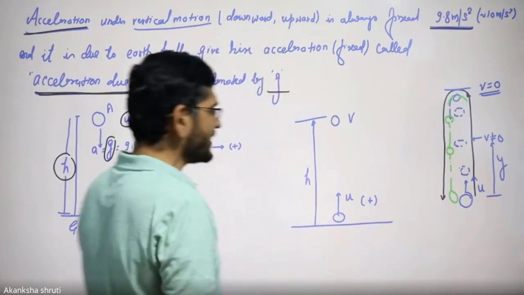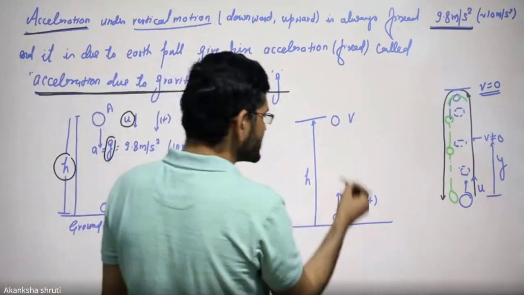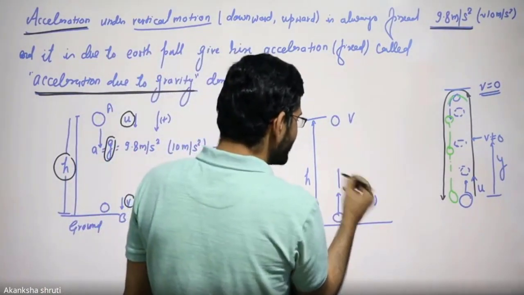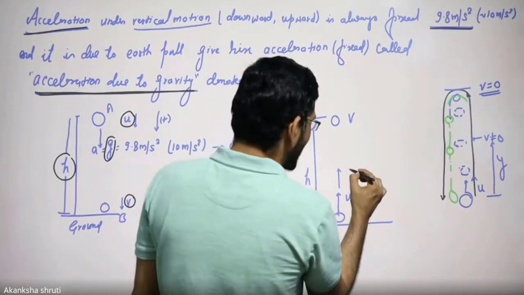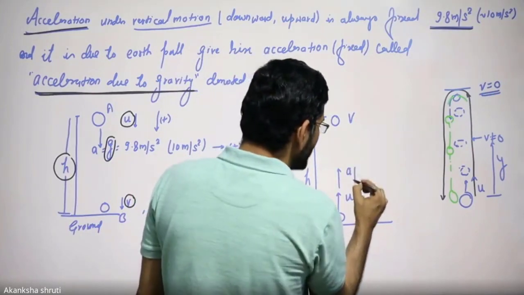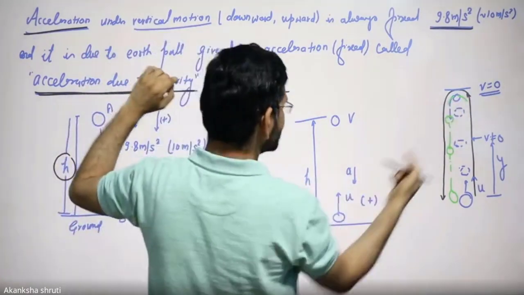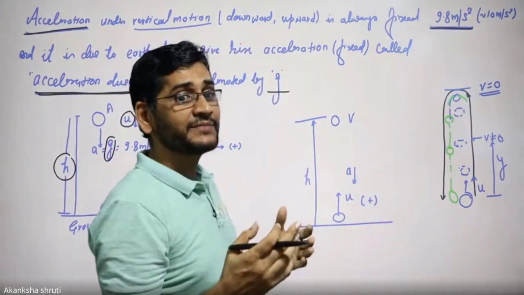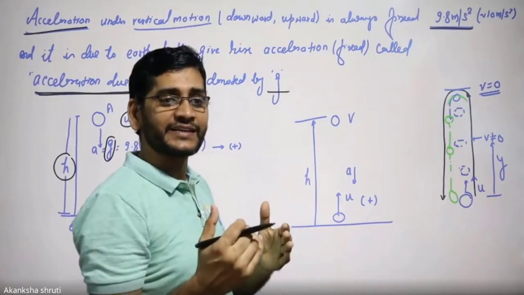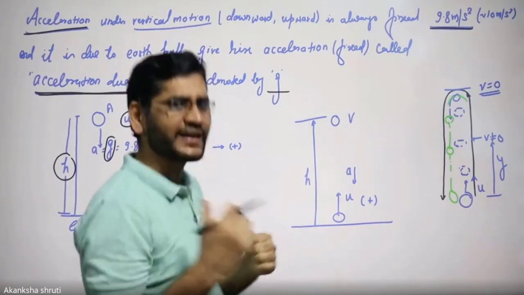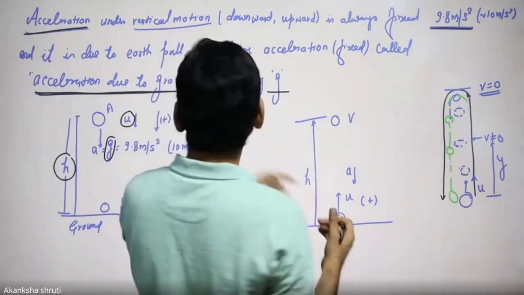So students, keep in mind, while the body is moving upward, the acceleration is in the downward direction because its speed is decreasing. That I had explained. And if the speed decreases, then acceleration is negative, meaning acceleration is in the backward direction. That is why the speed decreases.